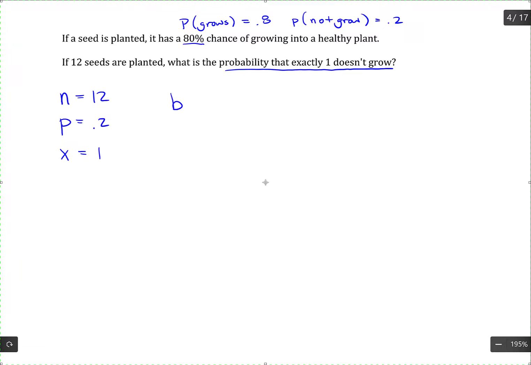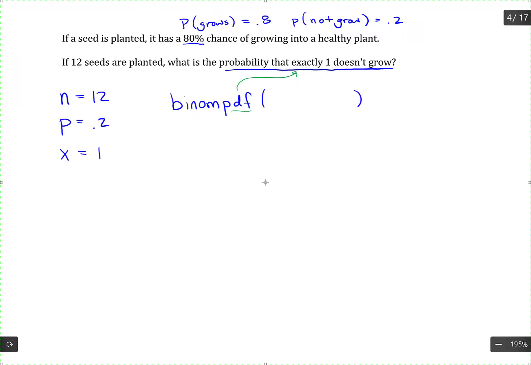But we decided this is a binomial distribution. We have two functions that we can work with, Binompdf and Binomcdf. And anytime you see the wording of exactly a certain number of outcomes out of our sample, then that's telling you we would use Binompdf.